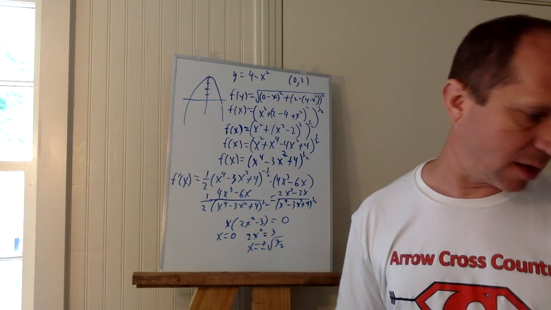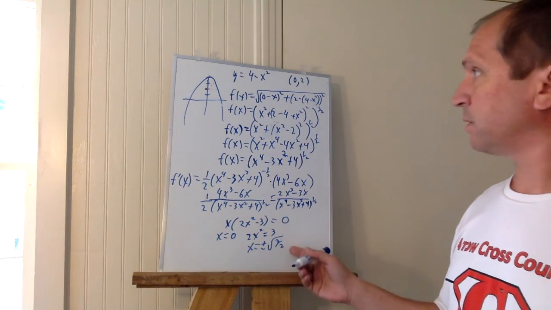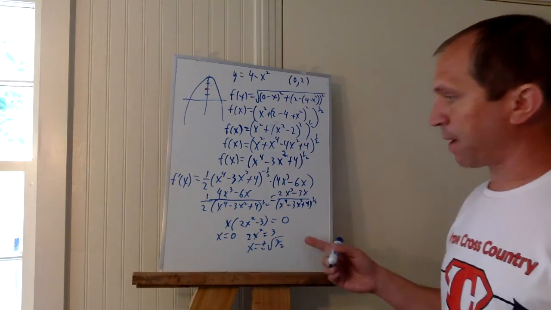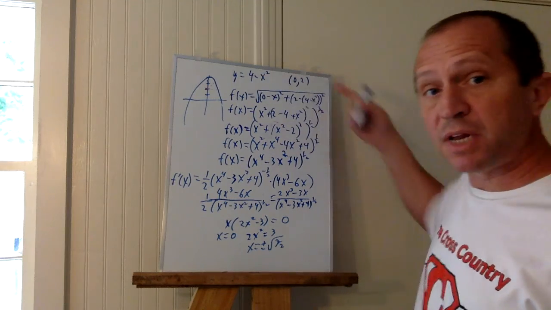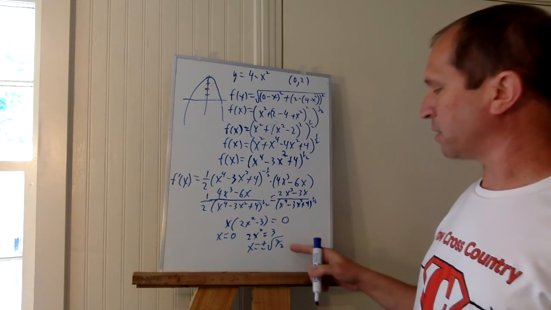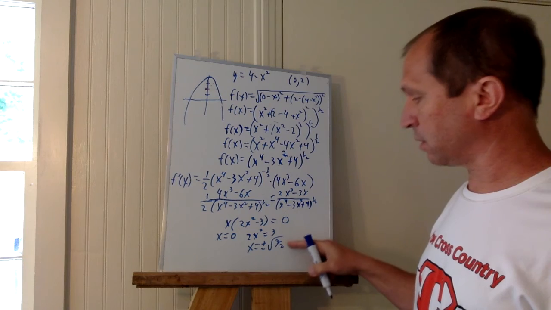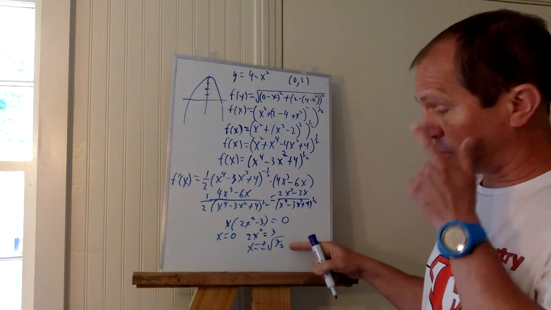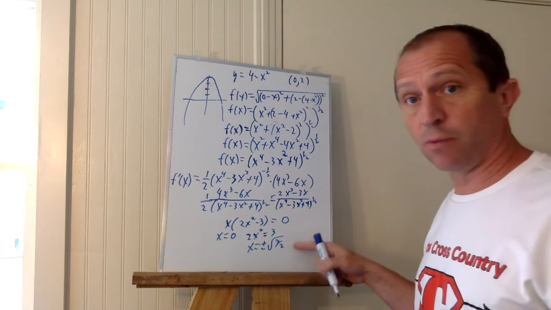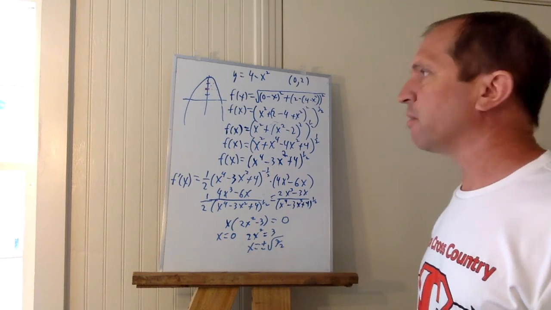And in the end, when you check these values, you plug them back into the actual distance here. And as far as the actual distance is concerned, the plus or minus square root of 3 over 2 is actually going to be what yields the minimum value of the distance.